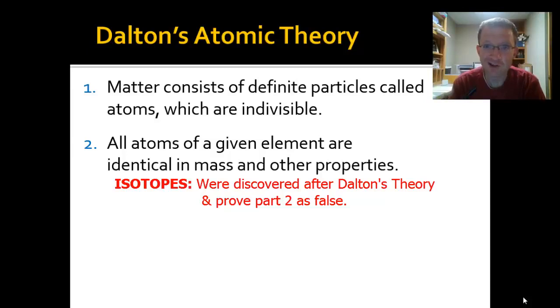And isotopes are the simple reason behind why number 2 on Dalton's atomic theory list is also false. Now, there are certain things about atoms of carbon or silver or any other element that are the same. Every atom of carbon has certain things in common, and every atom of carbon has those exact same properties as well. But there are also parts of carbon atoms or silver or gold or any element out there that are different. And so not every gold atom is exactly the same as every other one in every way.